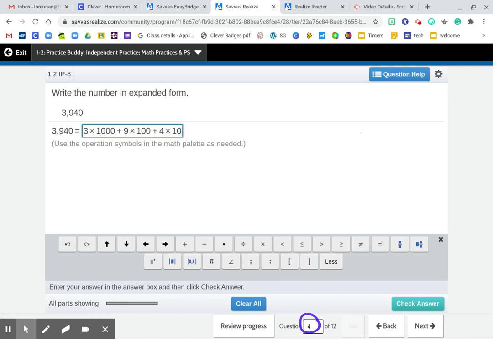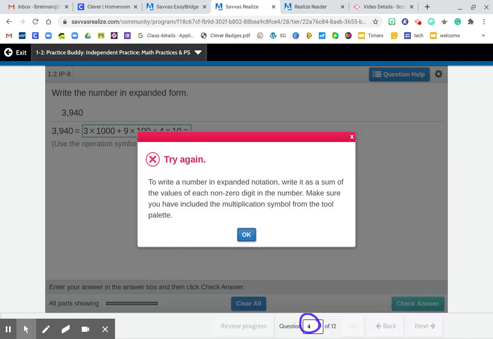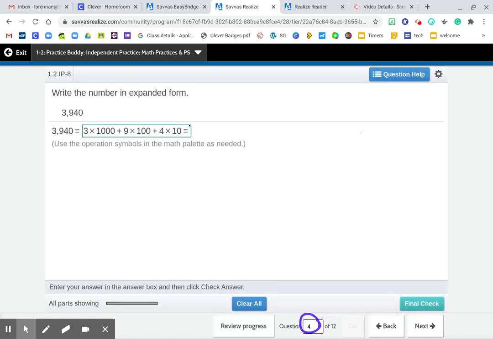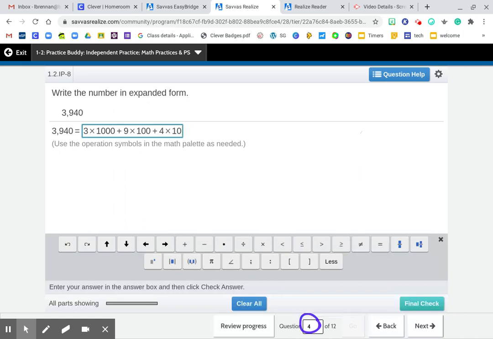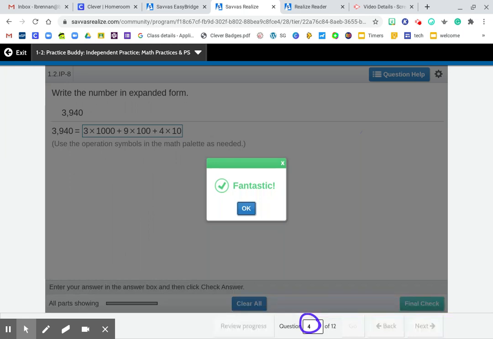And don't forget your little equal thing. Let's see what happens. Let's see if we get it right there. Up. Make sure you have included the multiplication. So I'm going to actually take out the equal sign and see if that will get it. There we go. So I just showed you some of the common errors kids make when they're doing this.